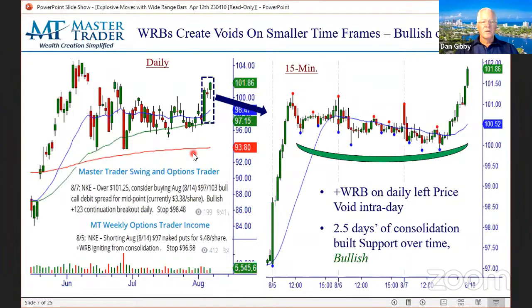So here, this is the point on that prior slide, Greg, that I said we will define. Wide range bars create voids on smaller time frames. This is a daily chart. This isn't a big sideways multi-month consolidation. Every one of our charts on the daily is this clean.